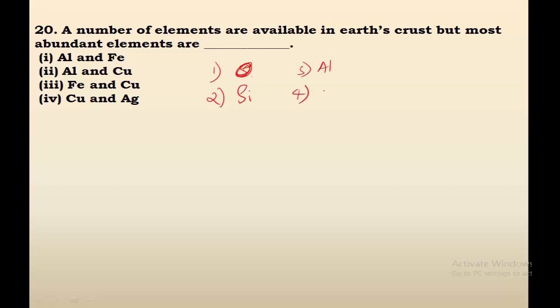Fourth most abundant element is iron. So these two are non-metals. When we consider the metals, the most abundant metal is aluminum. The second most abundant is iron. So the most abundant metals available in the earth crust, among these four options, are aluminum and iron. So option 1 is the right one.